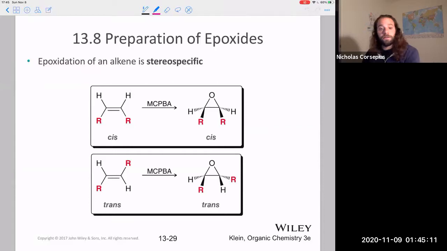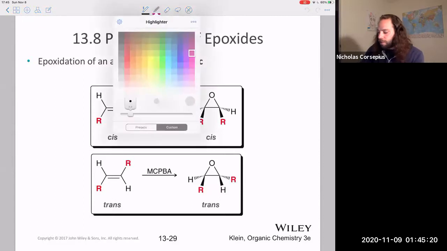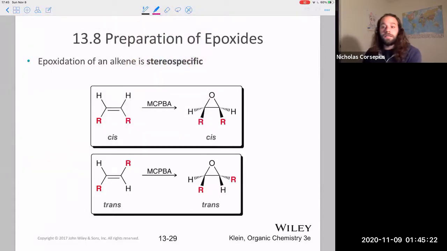Remember, these are stereospecific reactions because they are syn additions. Hopefully that's fairly obvious as to why it's a syn addition, because how are you going to create a trans epoxide, or an epoxide where its bonds are on different sides? But nonetheless, it has different stereochemical implications, right?